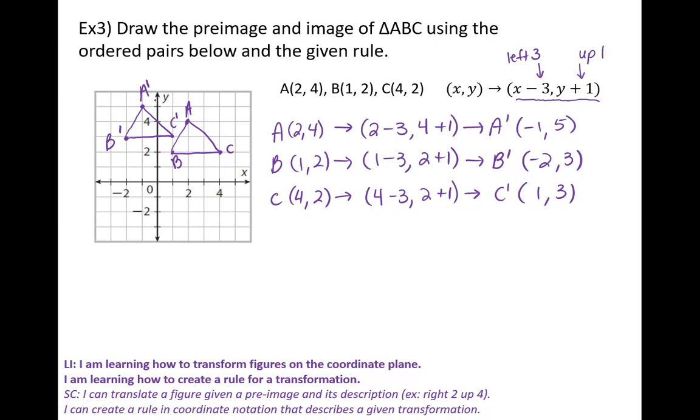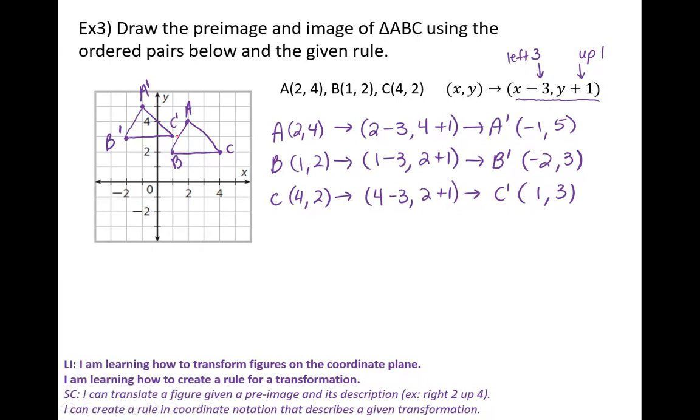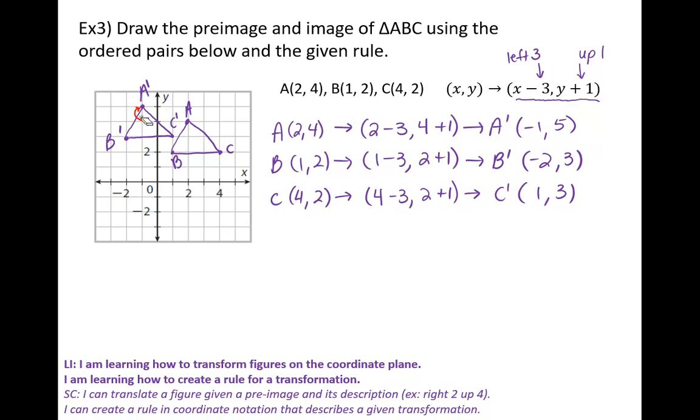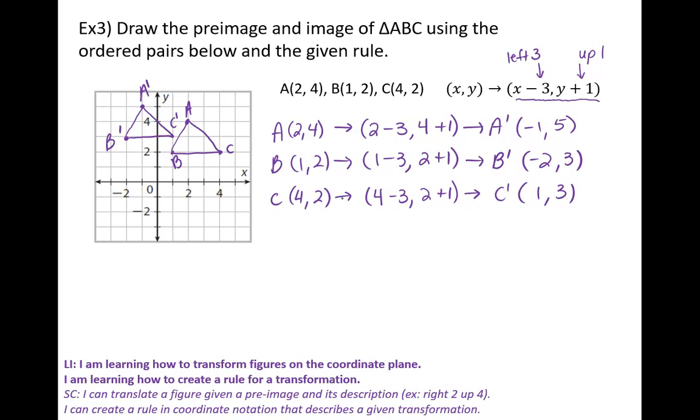So I could actually go back and count, and you don't have to necessarily do this, but we're going to check it. If I go from A, I can go left 1, 2, 3, and then I can go up 1, and I end up at the same place. So I could have done this by literally just counting on the graph and not even showing the work. I could have just counted.